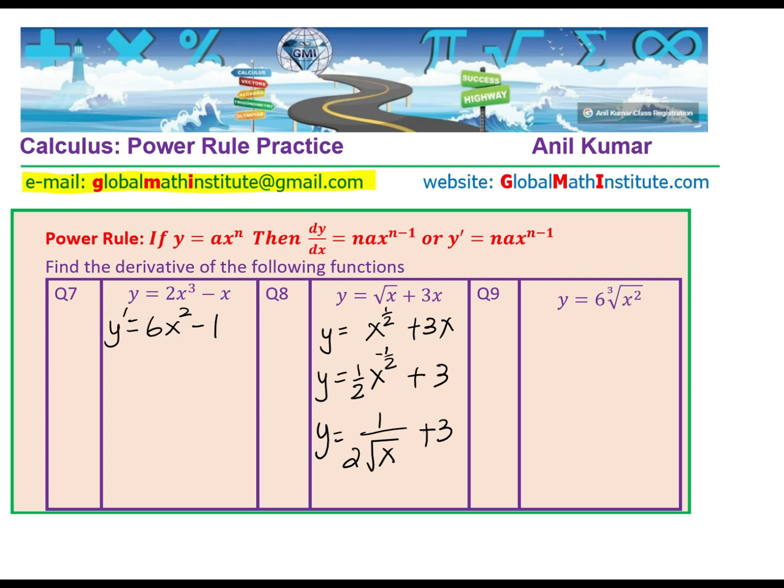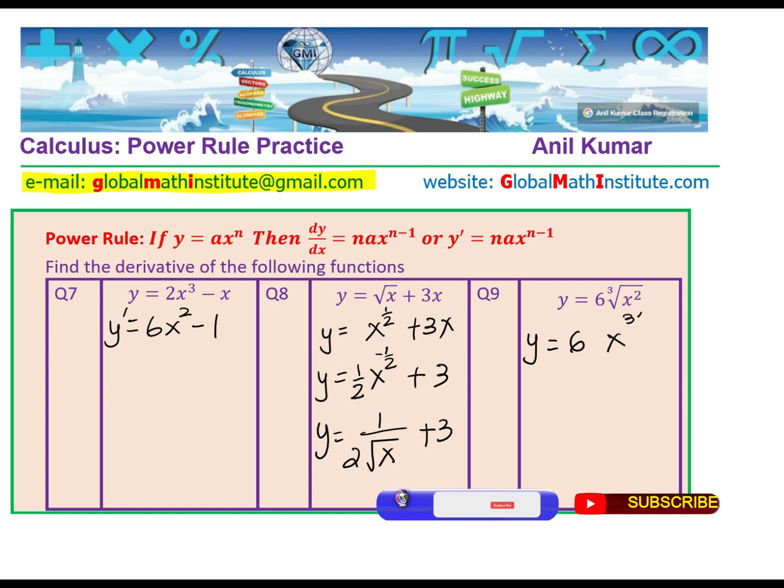Perfect. Now we have question number 9, which is y equals 6 times x to the power of, see, 2 is the exponent and 3 is the radical, right? So it is 2 over 3. So you could rewrite this as x to the power of 2 over 3.